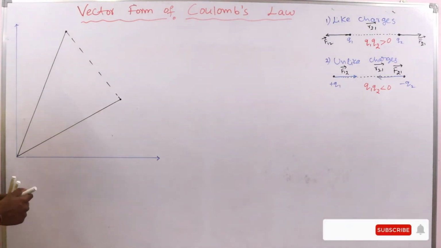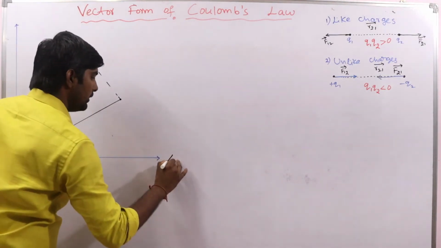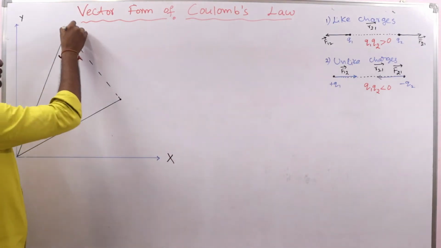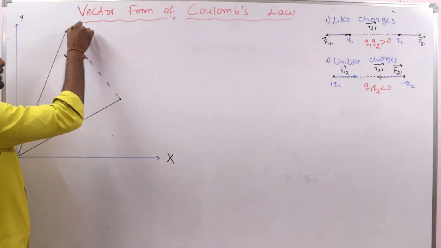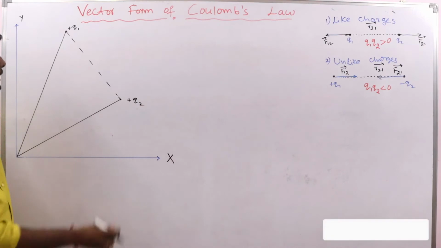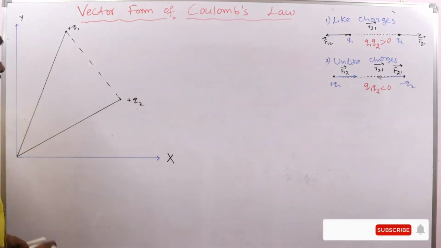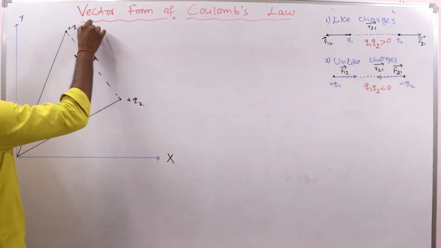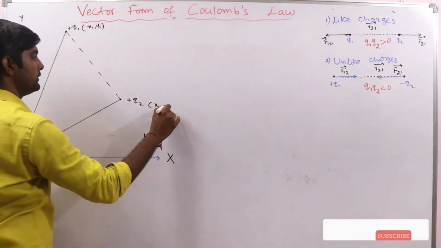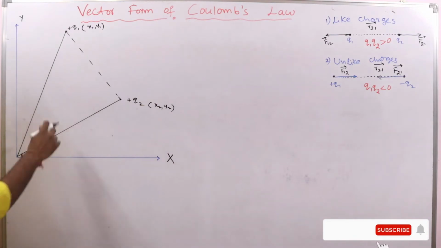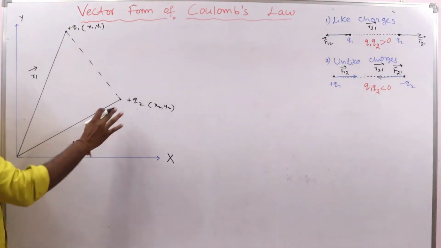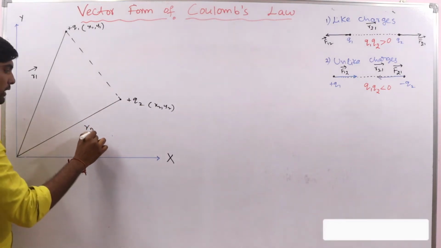I am taking an xy plane, and in that I am considering 2 point charges. Here I am taking positively charged point charges. Their coordinates are x1 comma y1 and x2 comma y2, and the position vector of this charge is r1 bar and for this charge is r2 bar.